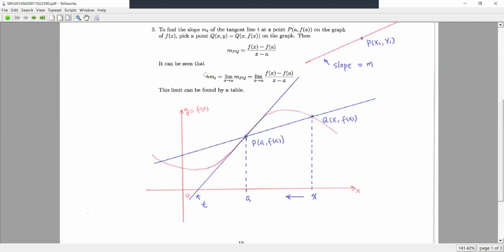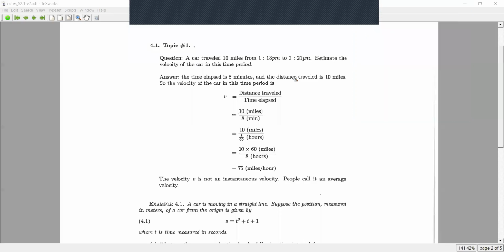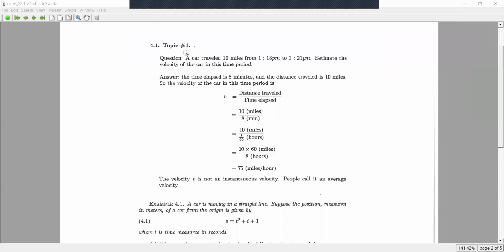To compute the slope of the tangent line, we just need to compute this limit. To compute this limit, we can use a table or we can use any method in the following sections.